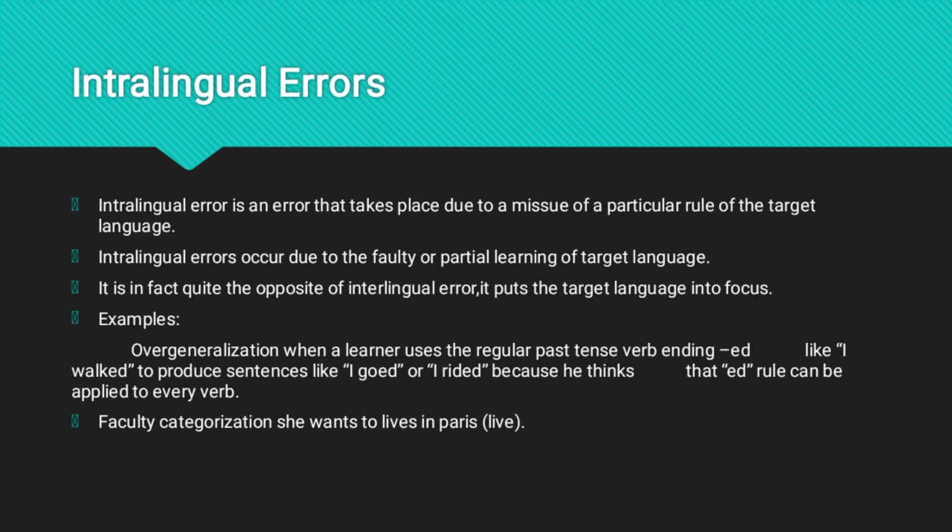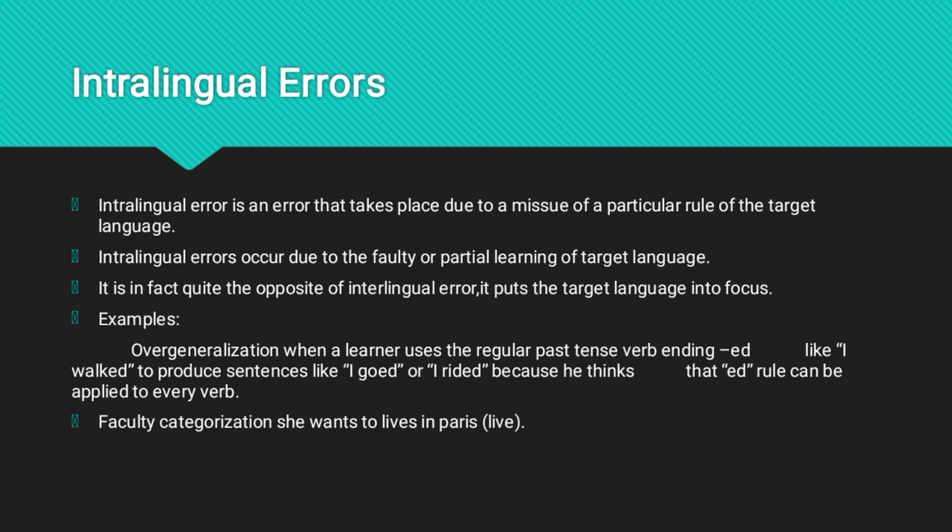Intralingual errors. An intralingual error is an error that takes place due to a misuse of a particular rule of the target language. Intralingual error occurs due to faulty learning of the target language. It is in fact quite the opposite of interlingual error. It puts the target language into focus.